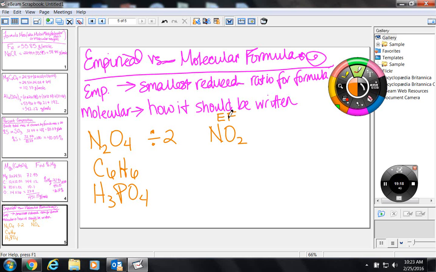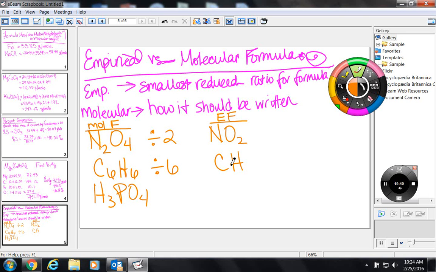So the EF is my empirical formula, and the moleculars are over here. What about this one? 6. Divide by 6. That reduces to CH. What about H3PO4? 1.